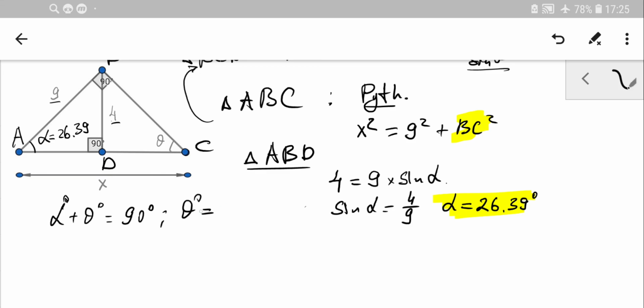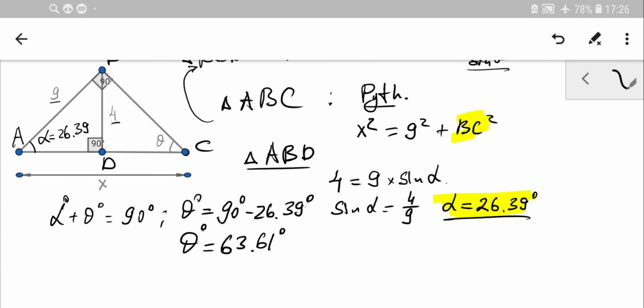So theta is 90 minus alpha, which is 26.39. Let's do it quickly. We subtract 26.39 from 90. All right, so theta is about 63.61 degrees.